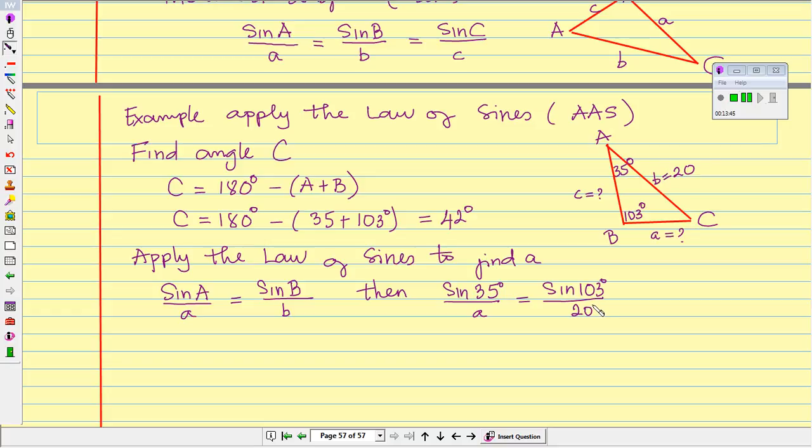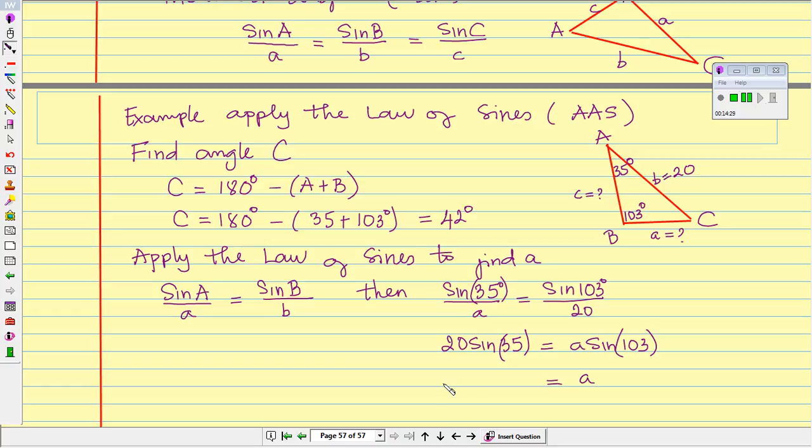Now we are going to cross multiply so that we end up with an equivalent equation without the denominator. So it will be 20 times sine of 35 equals a times sine of 103. Sometimes in the calculator or in the book they put parentheses around the input. You're welcome to do that.